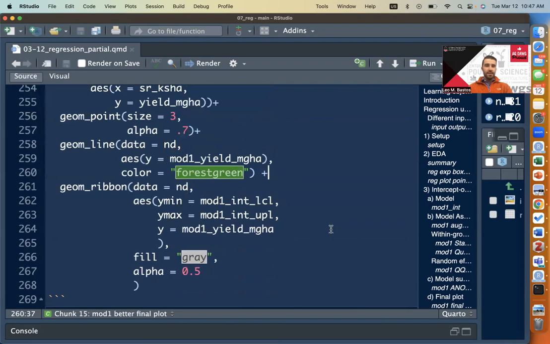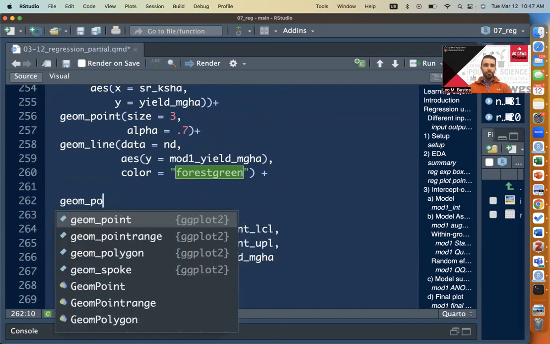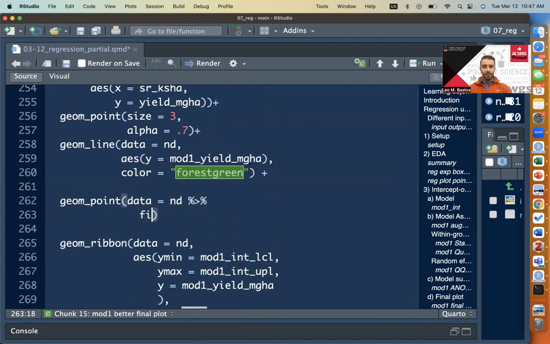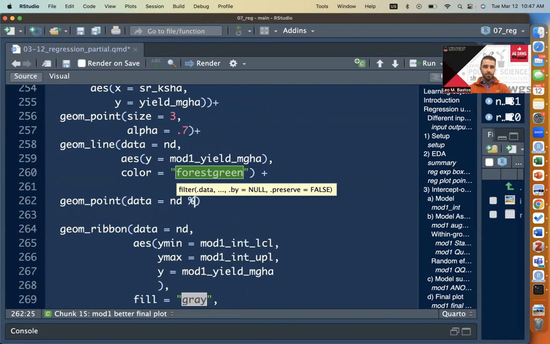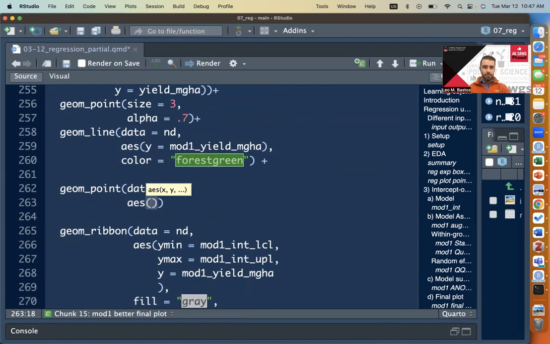Let me do something slightly different here. If I do a geom point, you don't have to do this. I'm just going to try to show you what I mean by some things. So my Y is going to be yield.